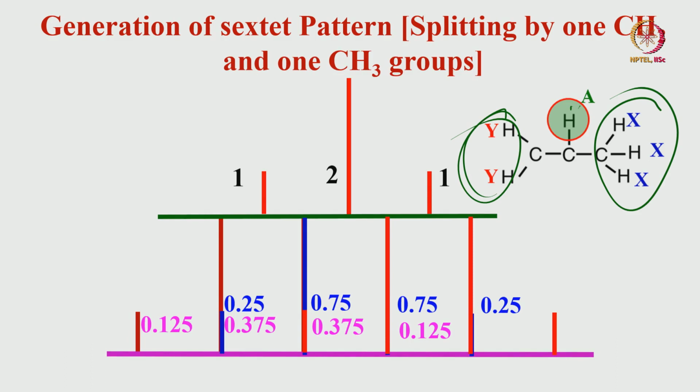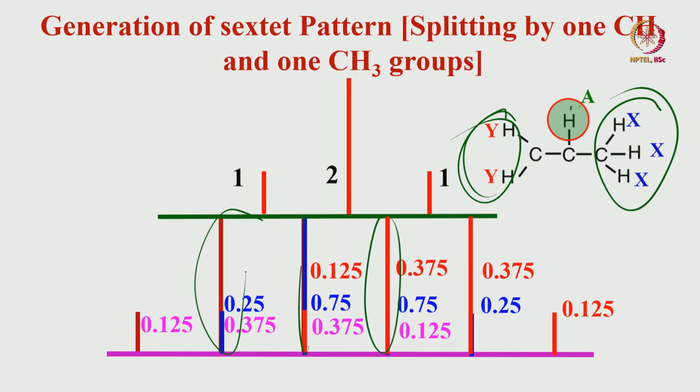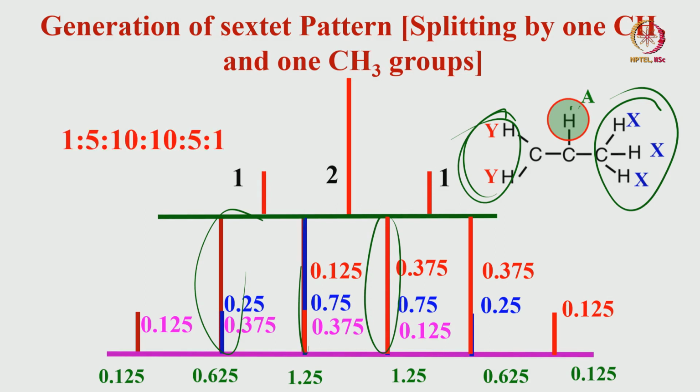Because the coupling is the same, some of the lines overlap here. Now calculate the intensity. If you put the intensity, it turns out to be 1:5:10:10:5:1. This is a sextet, a 6-line pattern. Remember, when one proton is coupled to another CH2 and a CH3 group, you get a sextet pattern.